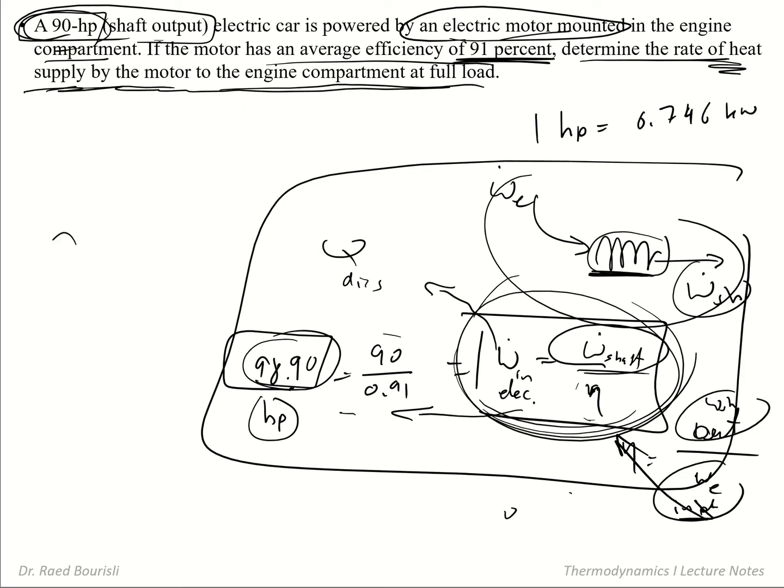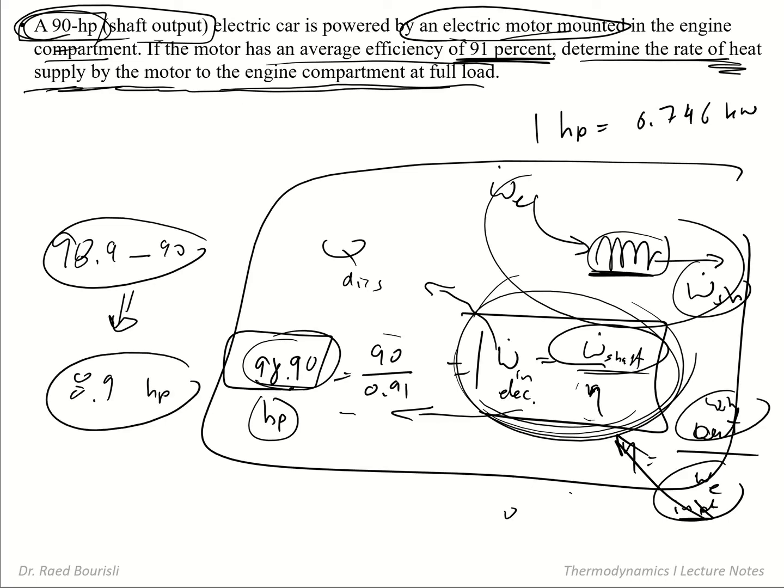So basically 98.9 minus 90 horsepower. So this is 8.9 horsepower. This is the heat dissipation.